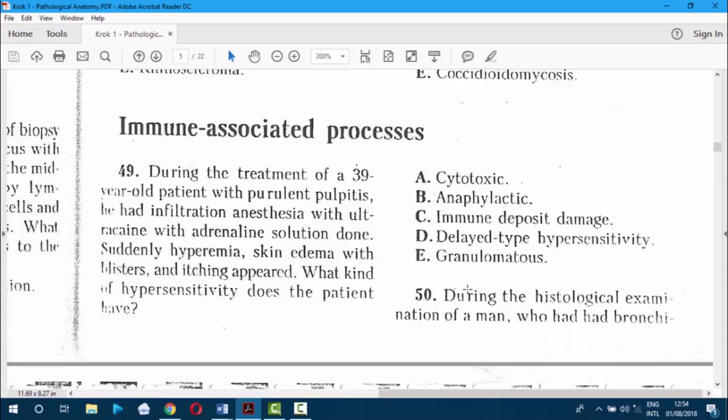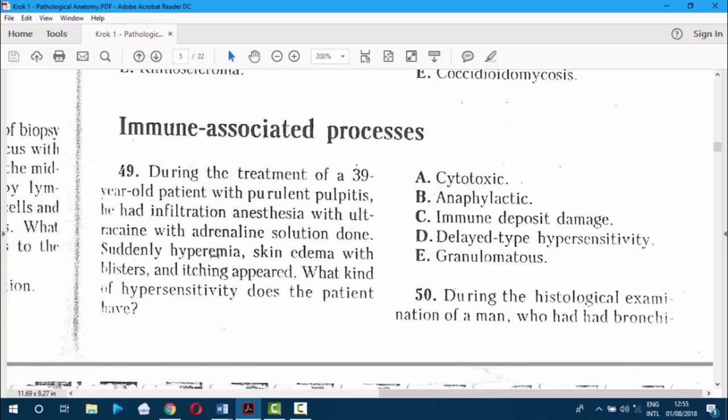Now, number 49, now we're moving to immune-associated processes. This place, I love it so much. But that's hypersensitivity reactions. So, 49. During the treatment of a 39-year-old patient with purulent papillitis, he had infiltration anesthesia with ultracaine with adrenaline solution done.